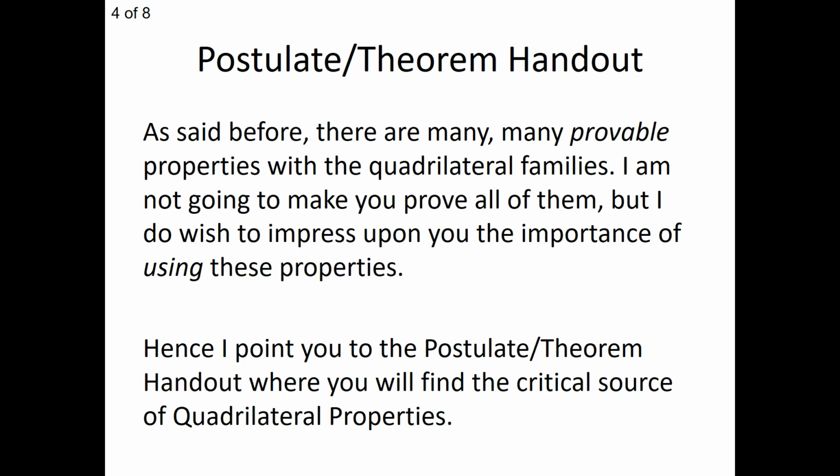I'm not going to ask you to prove all of them, but I am going to ask you to know them, which means pick up that Postulate Theorem handout and read through those properties. There's a lot of good ones. In fact, that's our critical source for our quadrilateral properties. So whenever we encounter a quadrilateral, we're going to use our Postulate Theorem handout as our main source of reasoning as we dive into that quadrilateral.